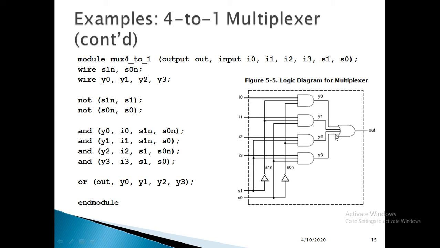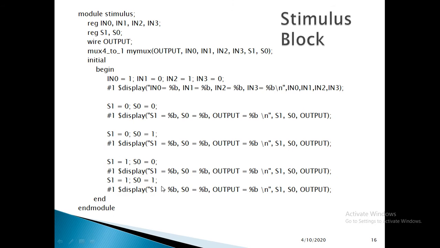And an OR gate is used. Here out is the output, and Y0, Y1, Y2, Y3 are the inputs. This is the stimulus block. Please verify this program in the Xilinx simulator.